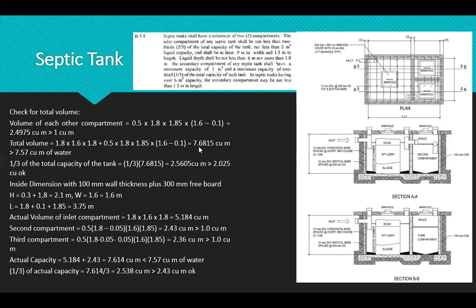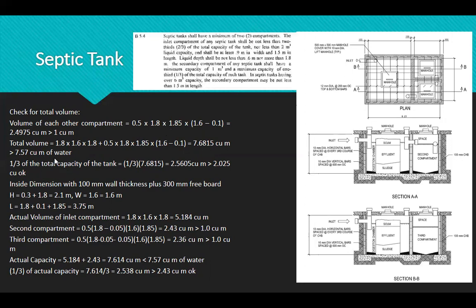Yan. 7.6815 cubic meter. Itong 0.5 is kalahati, 1.6 minus 0.1, divide by 2. So ito yung depth, ito yung length. Okay? Makamali ito kayo kung saan galing yung 0.5.